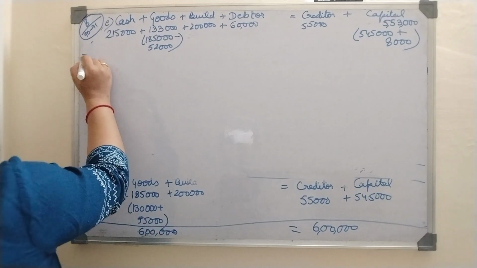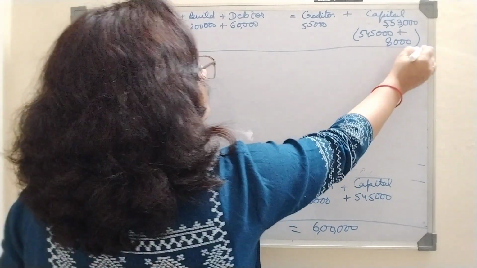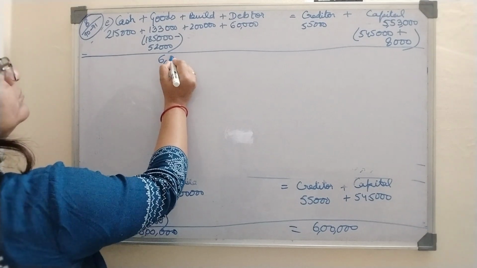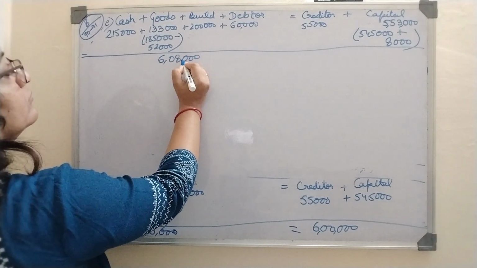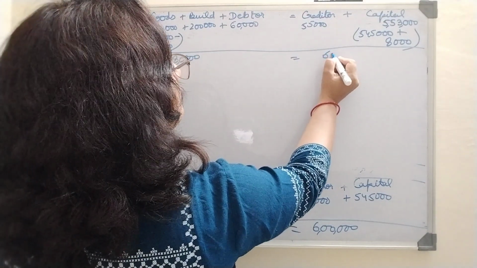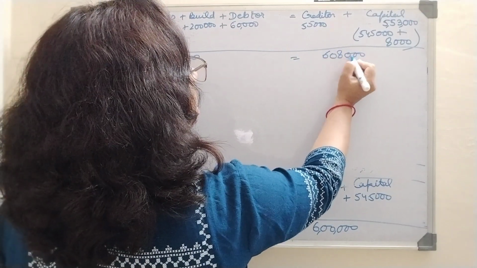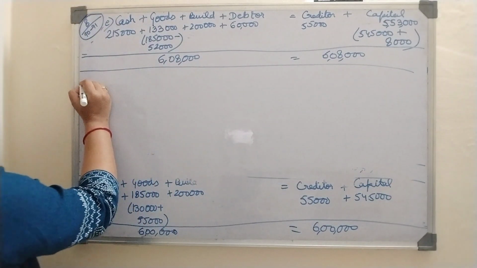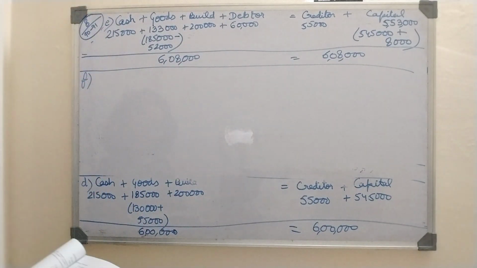Right? So now the total of LHS and RHS is 6,08,000. This is done.